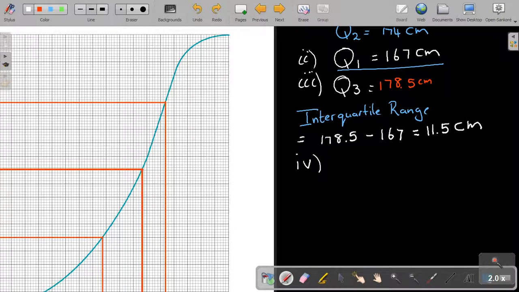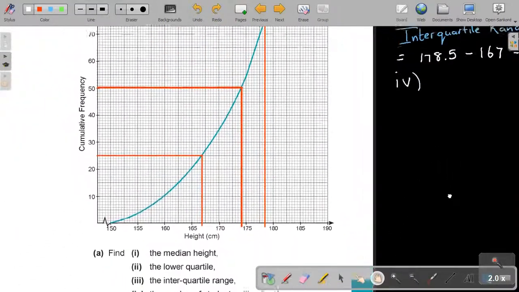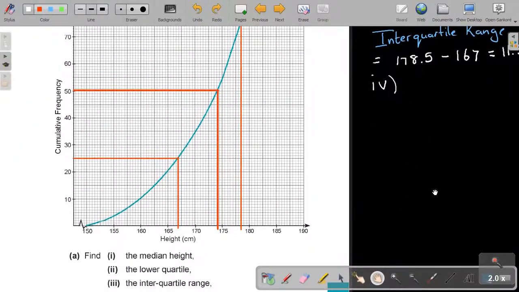What is it? The number of students with a height greater than 177 centimeters. Can you see? Greater than 177. Now, first I have to find 177. So 177, let's see. That is 176.